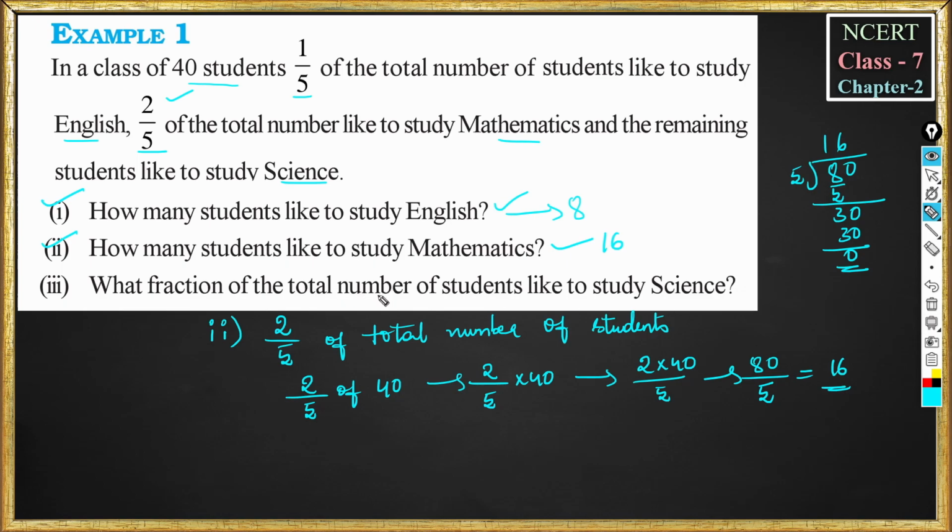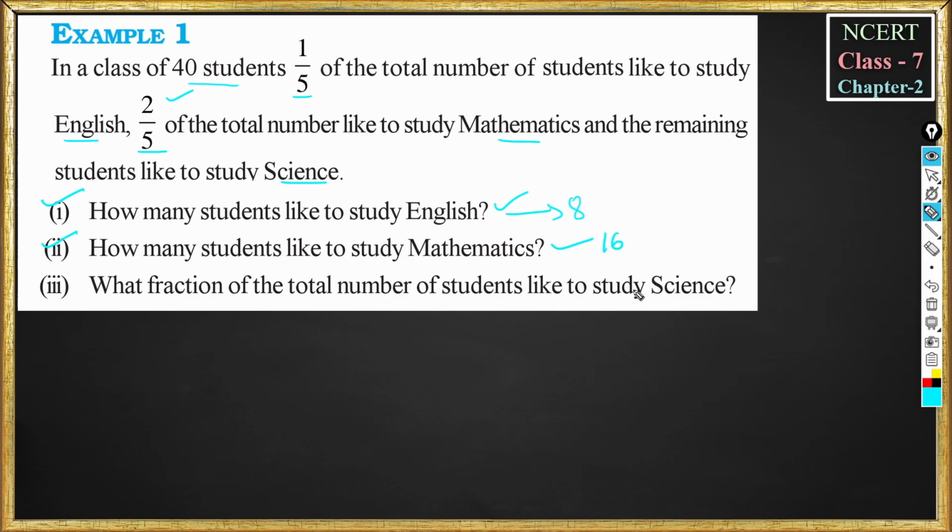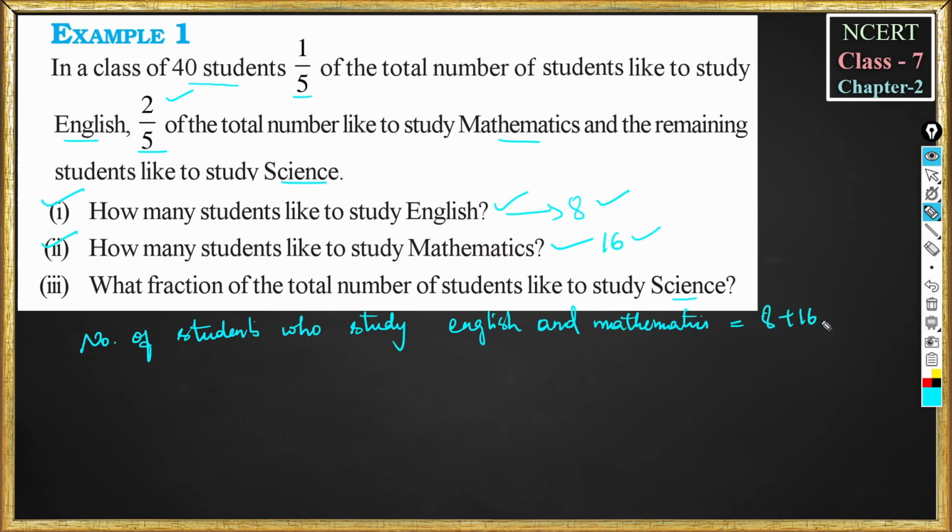Now what fraction of the total number of students like to study science? In the class there are a total of 40 students. Out of them 8 study English, 16 study mathematics, and the remaining study science. See, the number of students who study English and mathematics is equal to 8 plus 16. 8 plus 16 is what? 24.